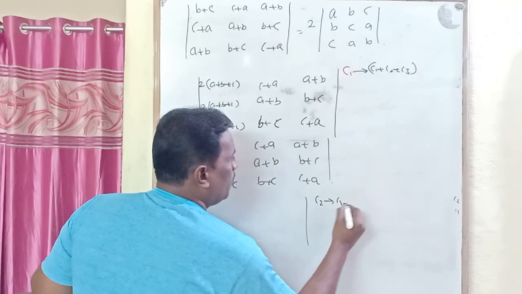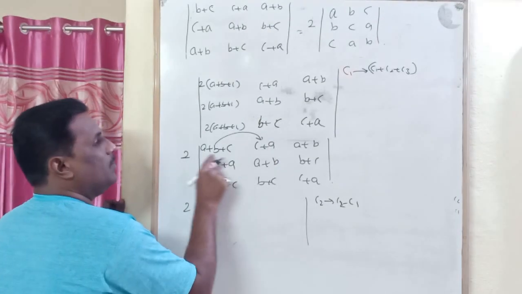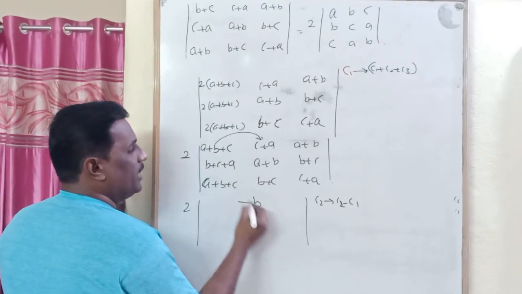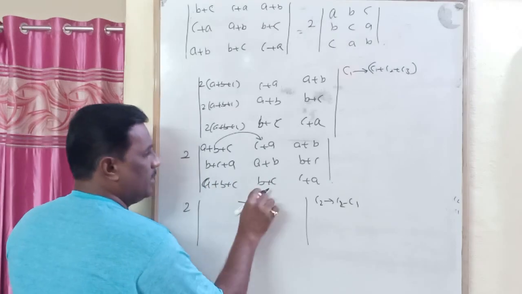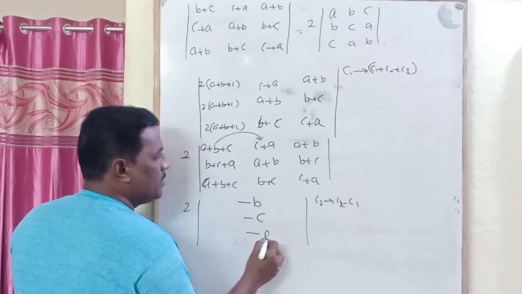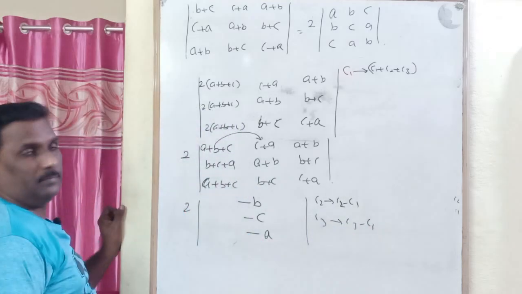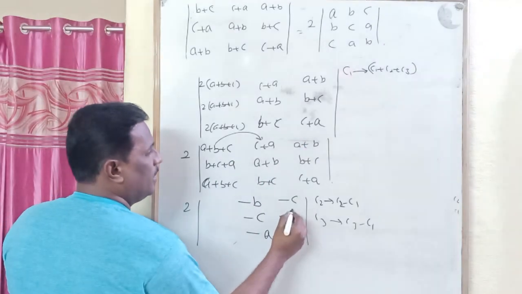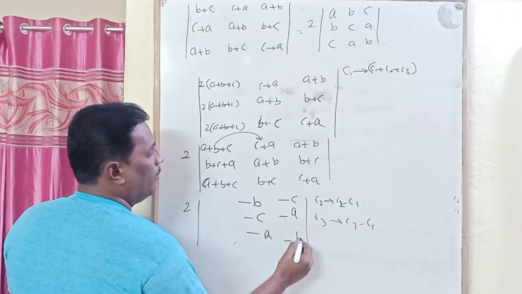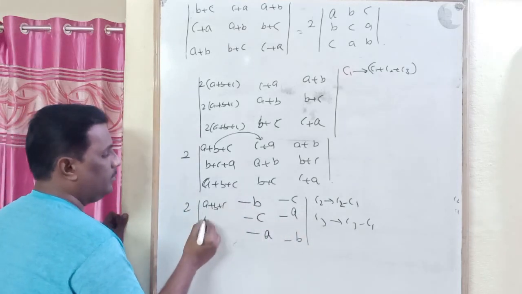So C2 minus C1. If I subtract, what happens? c plus a minus this will give minus b. a plus b minus this gives minus c. b plus c minus this gives minus a. Similarly C3 minus C1: a plus b minus this gives minus c, minus a, minus b, and this as it is.